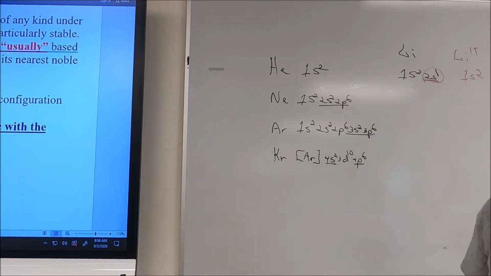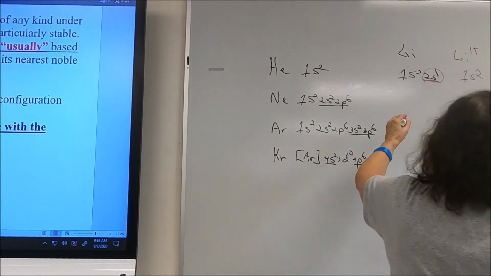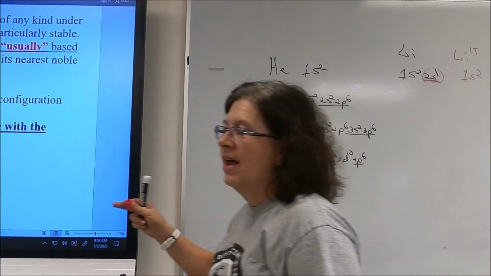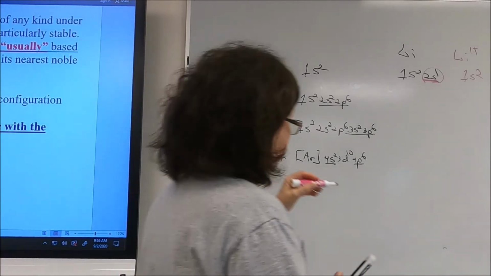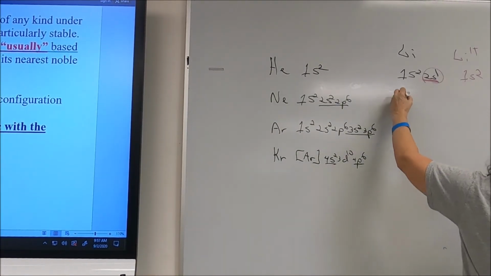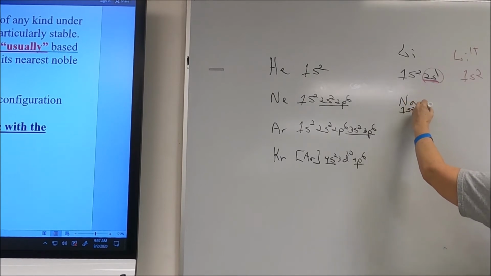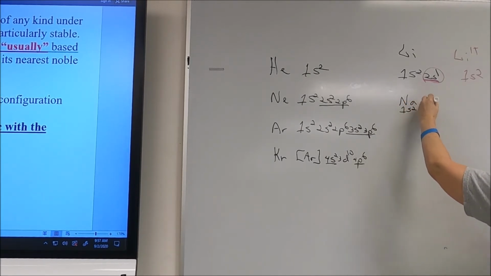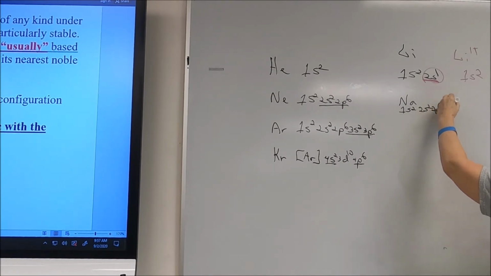In the same family with lithium, down below it, we find sodium. Okay? Sodium's electron configuration is 1s2, 2s2, 2p6, 3s1.